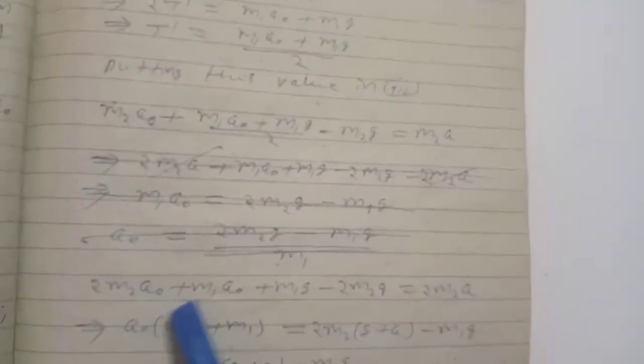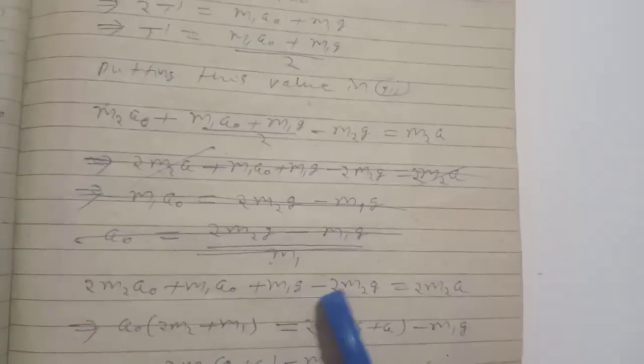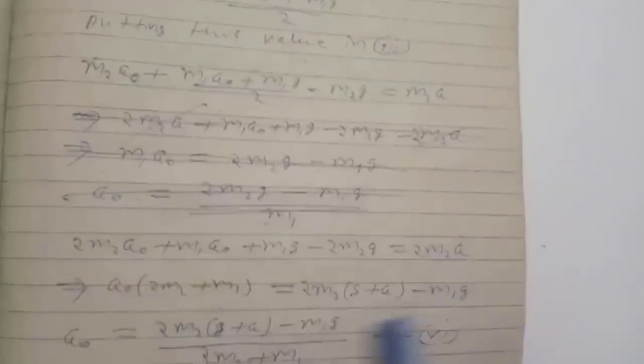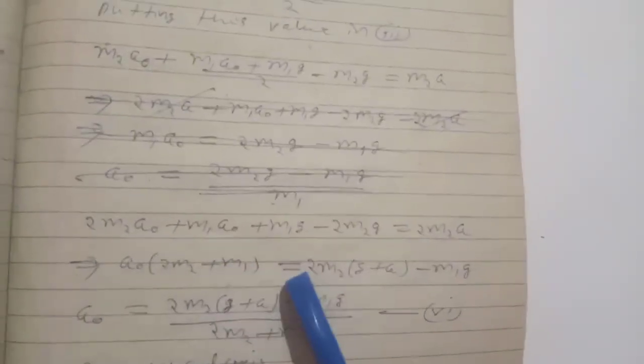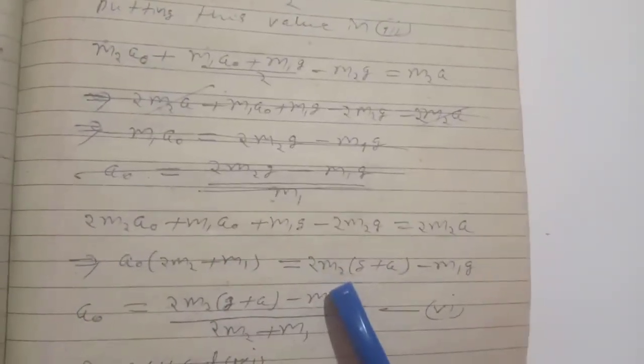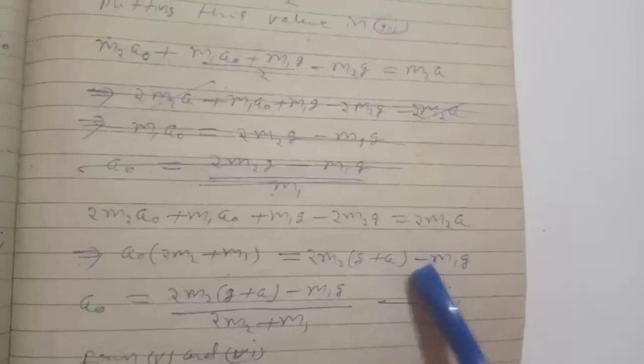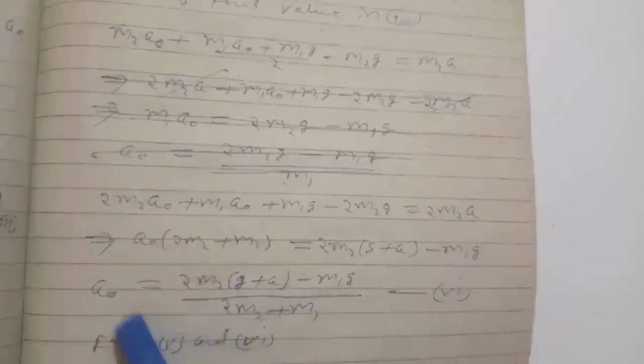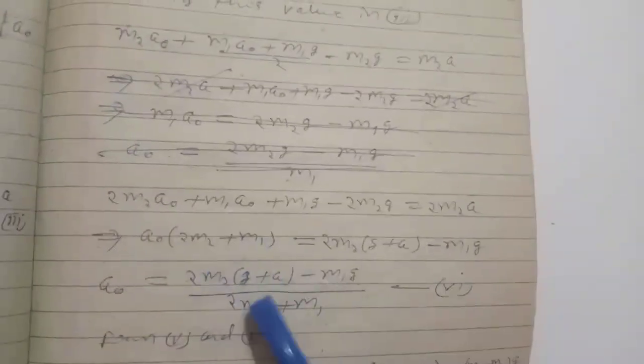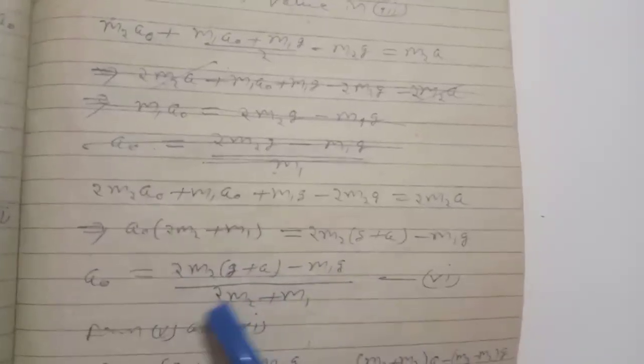Or 2 M2 into A naught plus M1 into A naught plus M1 G minus 2 M2 into G equals 2 M2 into A. This implies A naught into (2 M2 plus M1) equals (2 M2 into A minus M1 into G), or A naught equals (2 M2 into G plus A minus M1 G) divided by (2 M2 plus M1), equation 6.